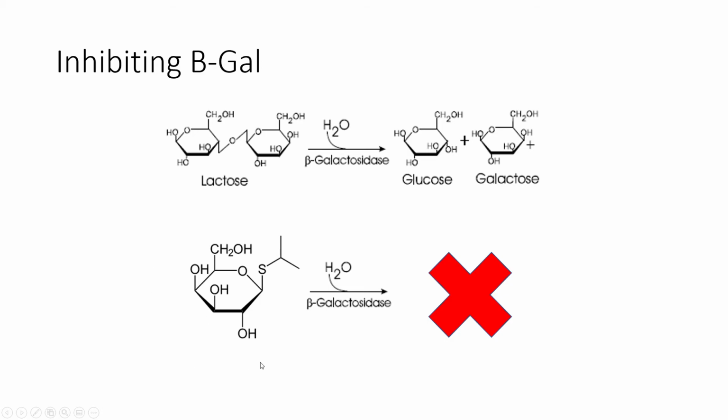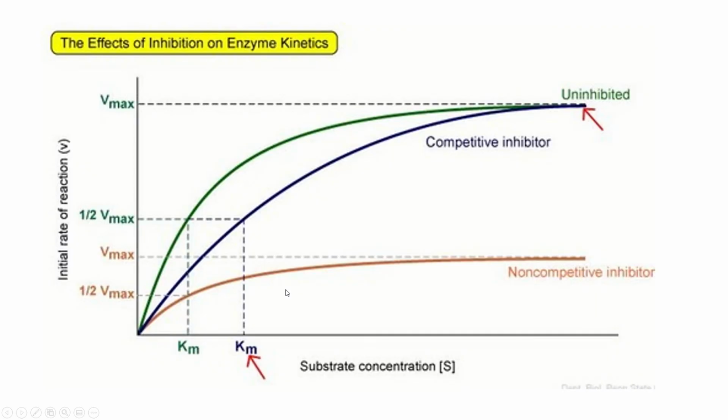This chemical, if you don't remember it, is IPTG. Remember that we used this for our induction so that we could remove a repressor, because beta-gal could not hydrolyze this compound. So we're going to be adding IPTG into our reaction, and we should be able to see that the rate will eventually change depending on how much IPTG we add to it.